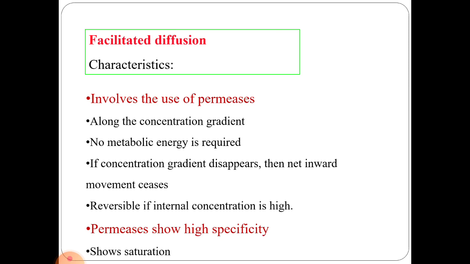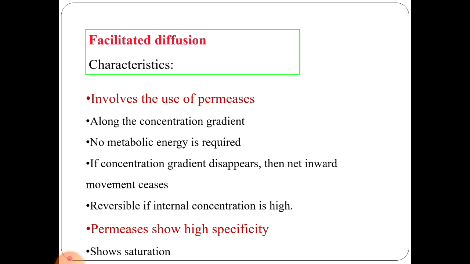Characteristics of facilitated diffusion. It involves the use of permeases embedded in the plasma membrane. It moves along the concentration gradient. No metabolic energy is required. If the concentration gradient disappears, the net inward flow of molecules ceases. The mechanism is reversible if the internal concentration is high.